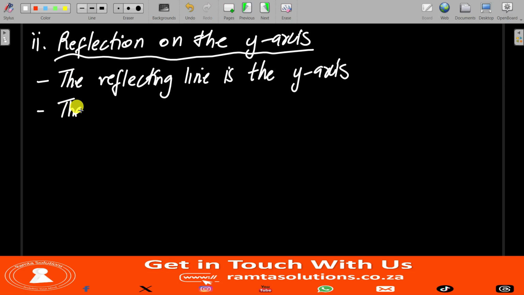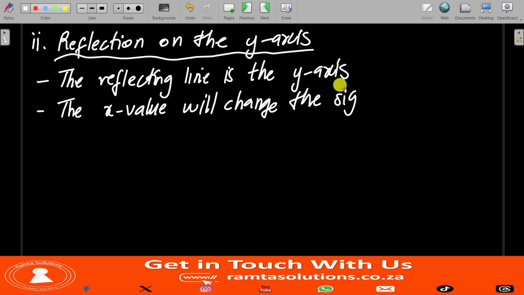The x value will change the sign. So I'm just going to draw it here, not to use the whole space. If you had a point here, and your reflecting line is somewhere here, the image will be on the other side.